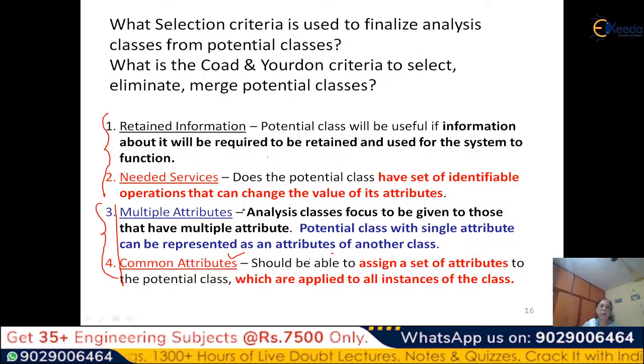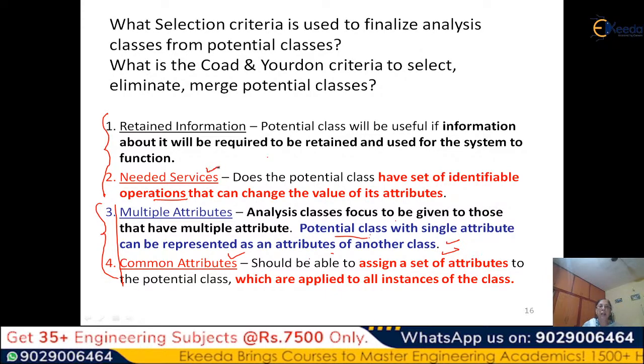Similarly, if you have multiple attributes, then this is a potential class, because this definitely has a lot of information, a lot of data inside it. So then you can select it. So these are methods by which you select it. Does it need a service? That means, is it providing a service? That means, can we identify an operation over this class?